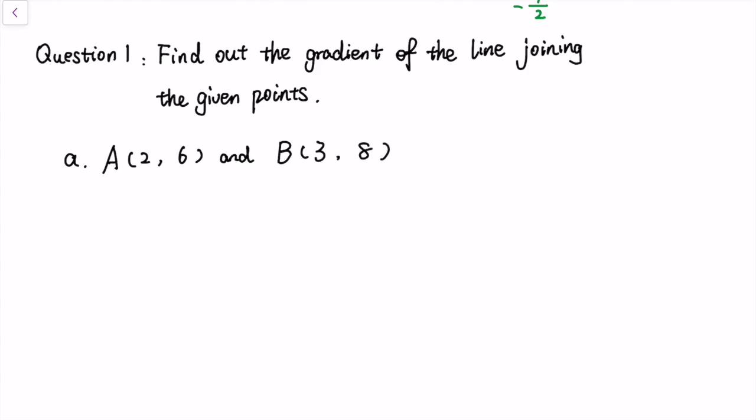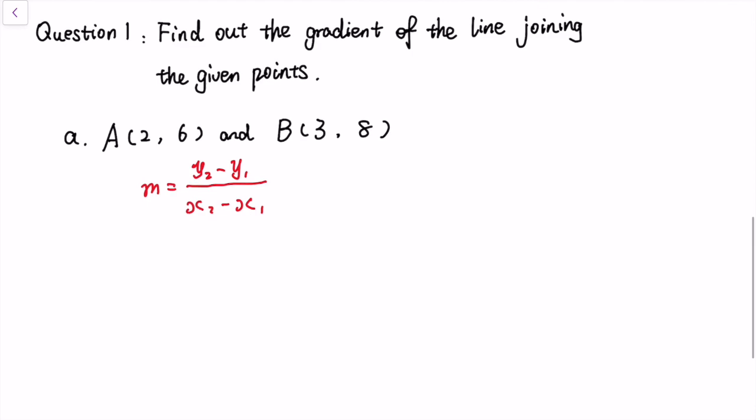What you need to do is use this formula, y2 minus y1 over x2 minus x1, to figure out the gradient. As we know, this is x and this is y.